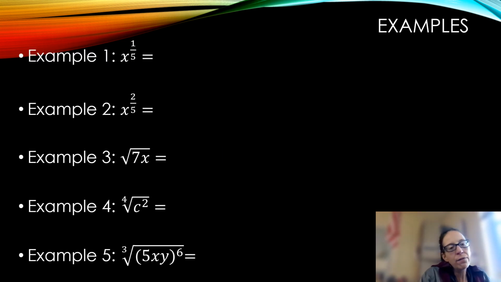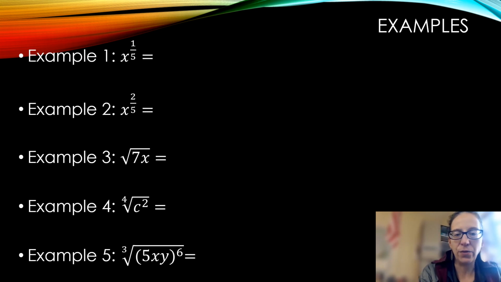All right, so we have some example problems here, and they range from easy to more challenging. The first one here is x to the 1/5. I am going to do something different.